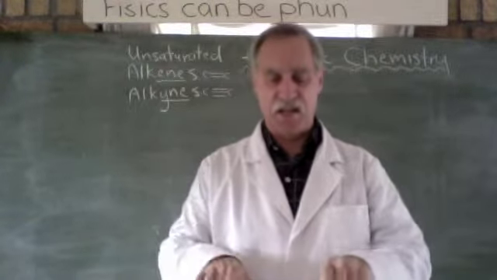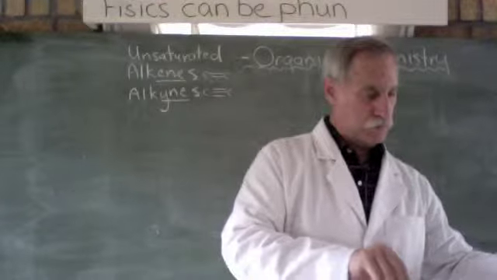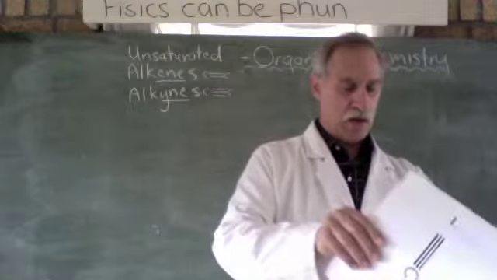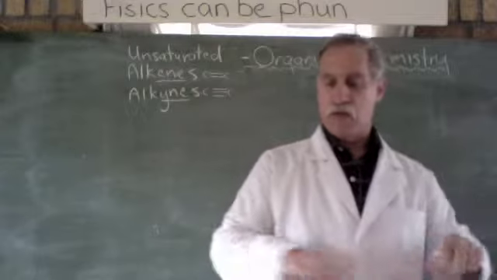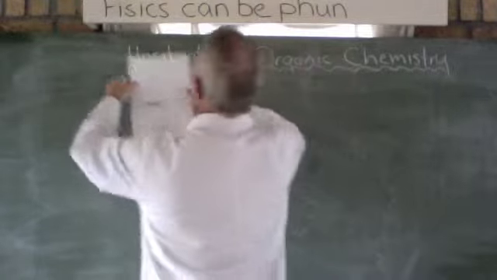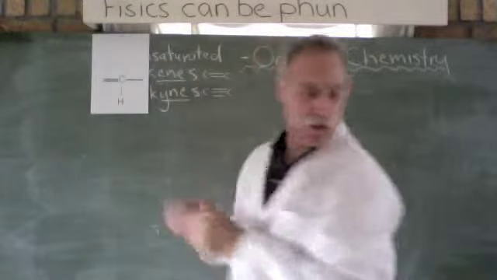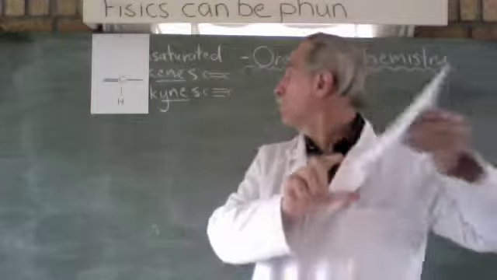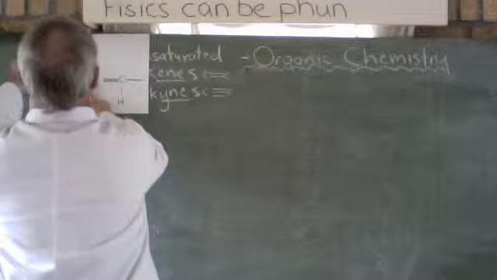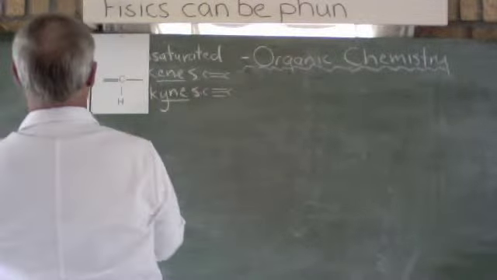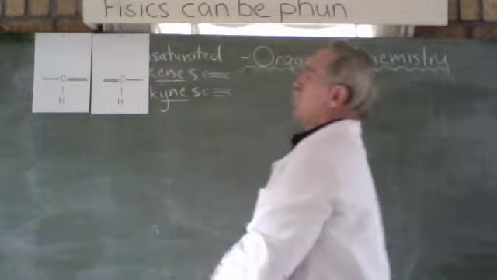So let's have a look first of all at the alkenes. Let's, for example, choose a very simple one. Something like that. And let's put a hydrogen there and a hydrogen there.